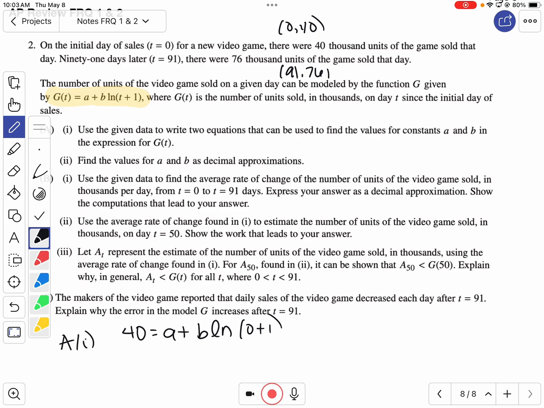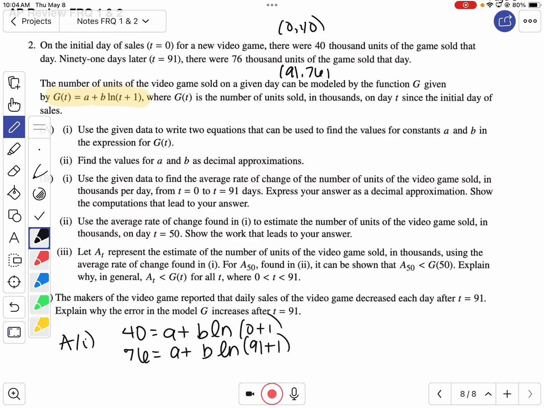And you can leave it like that. You don't have to simplify. And the second one, 76, equals a plus b ln of 91 plus 1. And we could just leave them like that, which is nice.